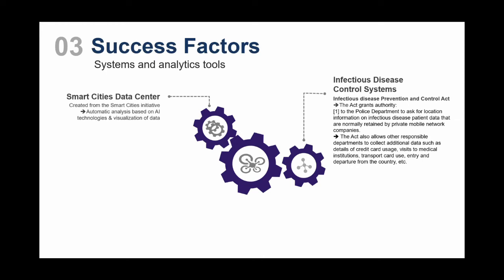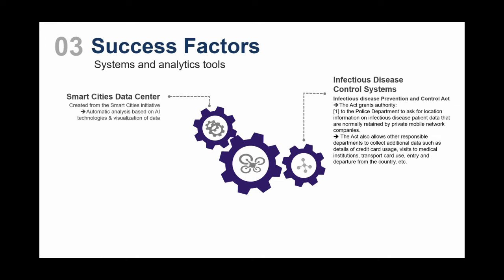And because we had this smart city data center, which could analyze different pathways using credit card data, transport data, and other mobile data, they could visualize the mass infection of 300, 400, 600 confirmed cases per day within 10 minutes. So, but we had this infectious disease control system.